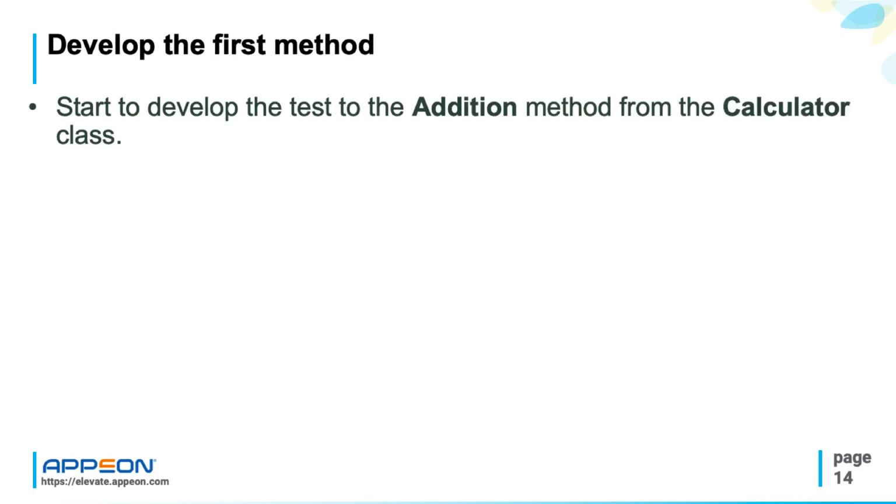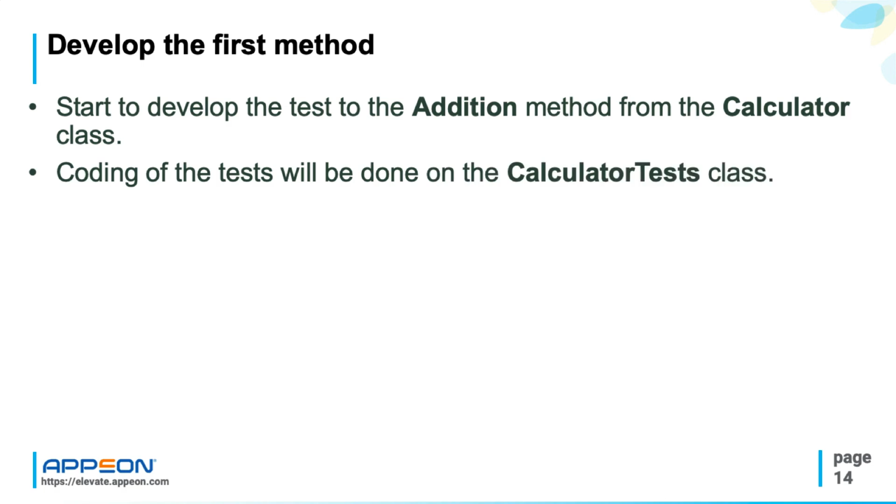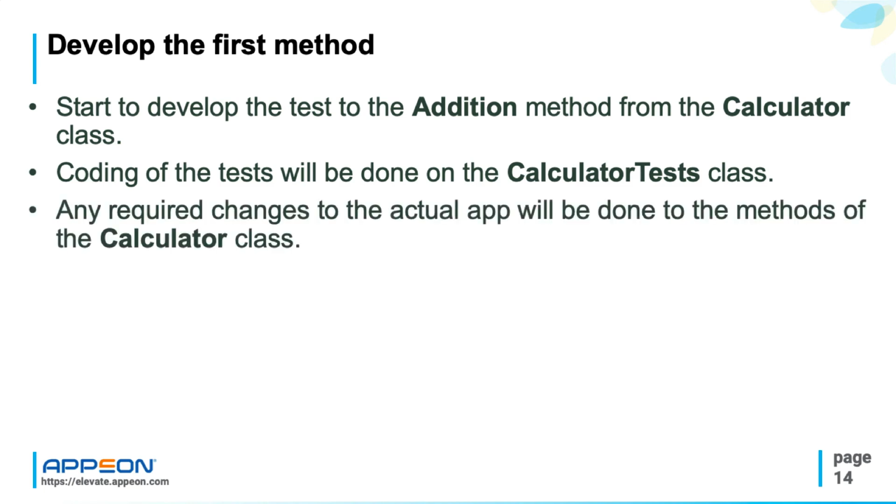Here is where we start developing our first method that will test the addition method from our calculator class. The coding of our test will be done on the calculator test class, and any required changes to the actual app will be done to the methods of the calculator class. One very useful thing to keep in mind is a naming convention for our methods.